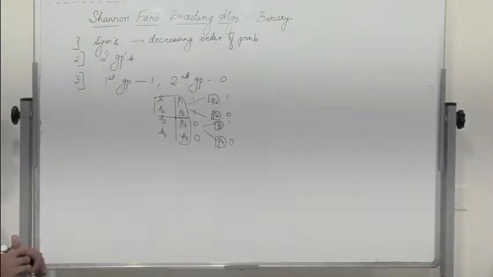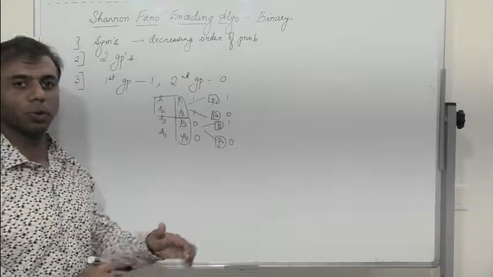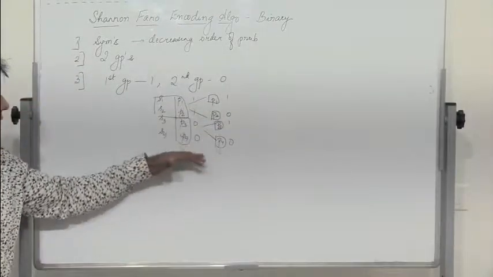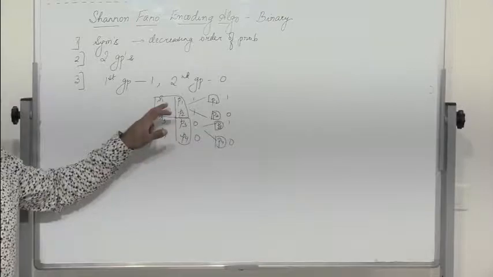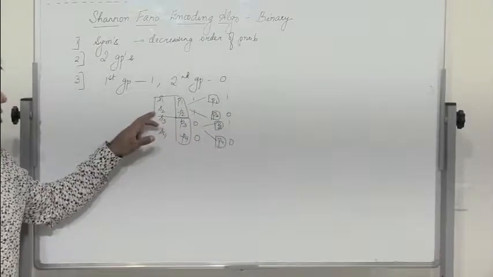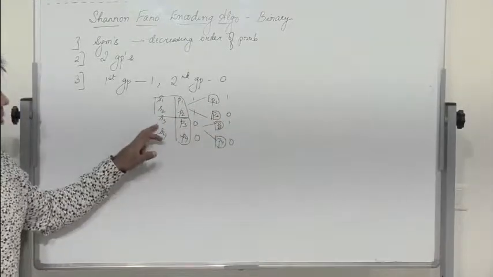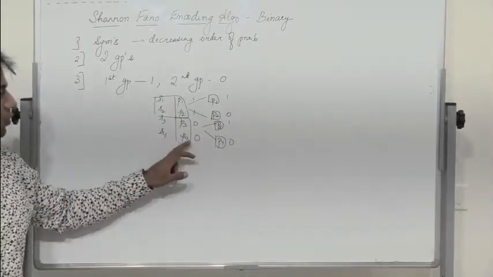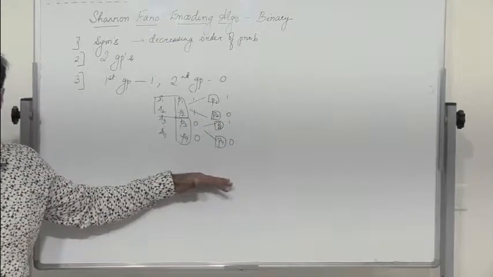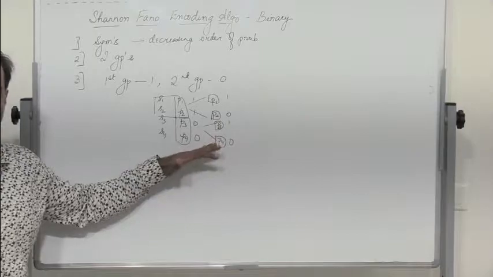This process is continued till no further division is possible, and then we obtain the code. So the code for S1 would be 11, the code for symbol S2 would be 10, the code for symbol S3 would be 01 and S4 would be 00 in this case. This is just for explanation.